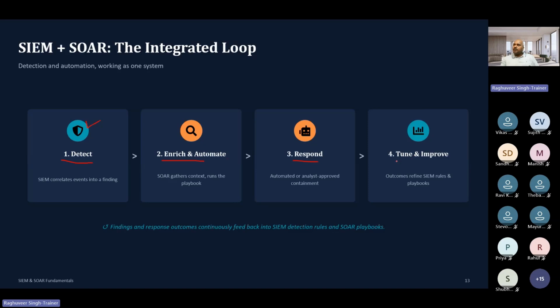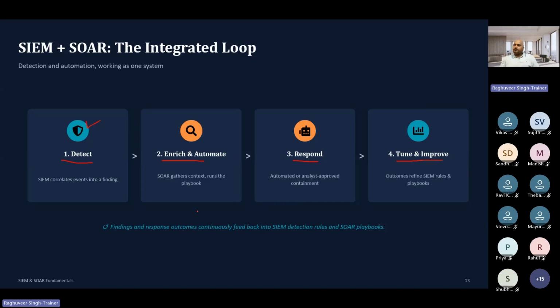And in the end, there is a human who is there to tune and improve, so you have regular optimization of the system. So remember, SIEM without SOAR will require manual responses all the time, and SOAR without SIEM is of no use because it will have nothing to do. So they both complement each other.